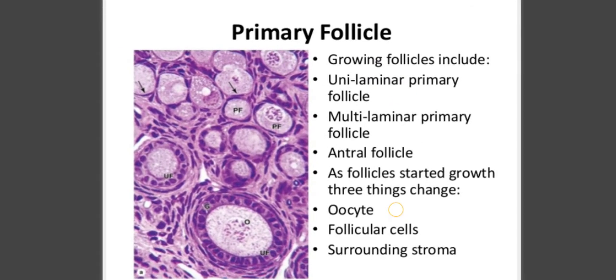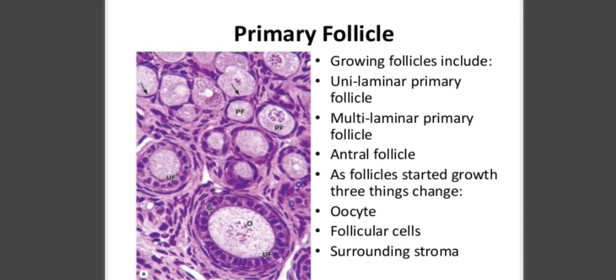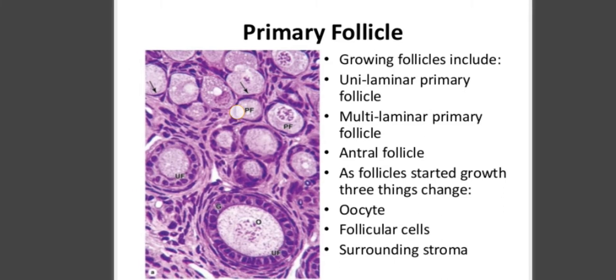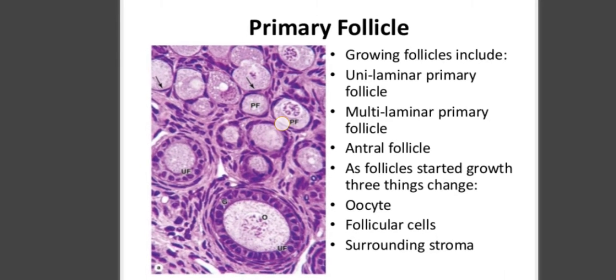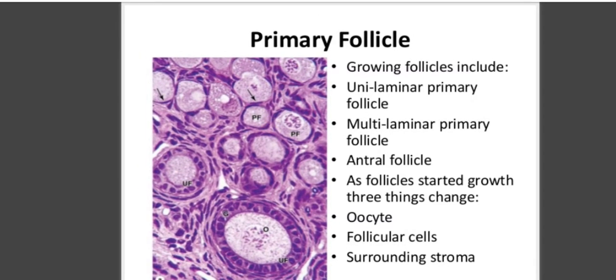Next, the primary follicle. These are the primary follicles. The growing follicles include the unilaminar primary follicle, multilaminar primary follicle, and antral follicle.